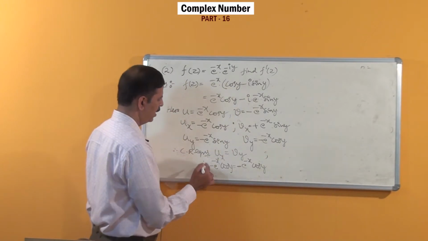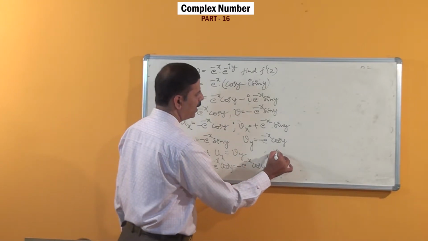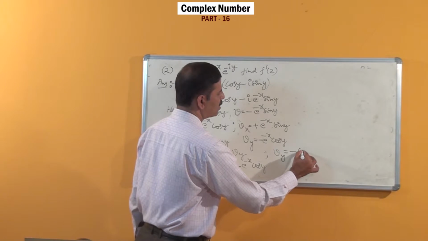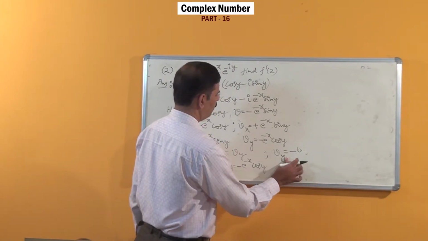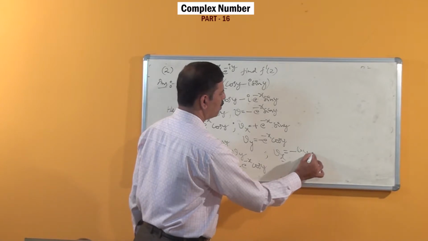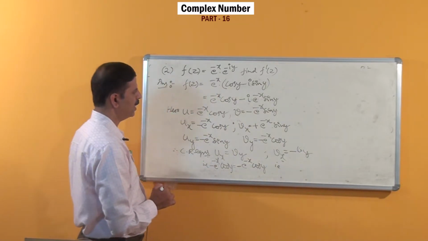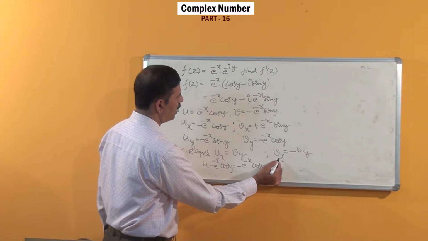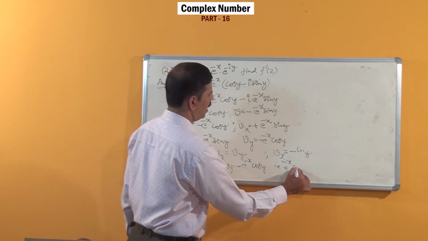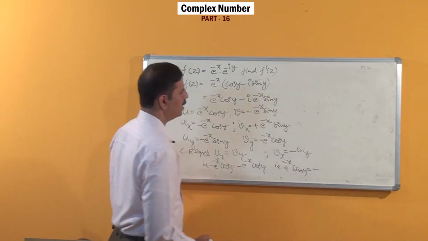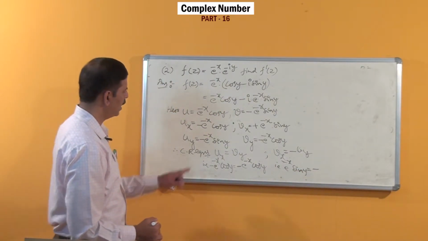On the other hand, along with ux equal to vy, vx is equal to minus uy. Observe that: what is the vx part there? e power minus x into sin y. And what is minus uy here?